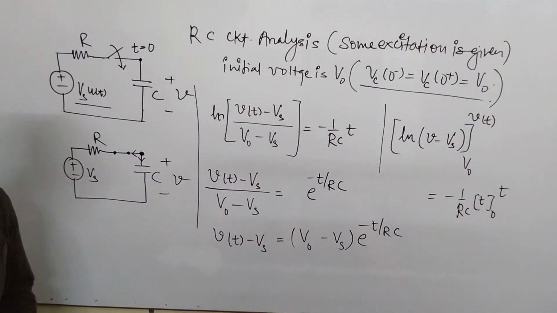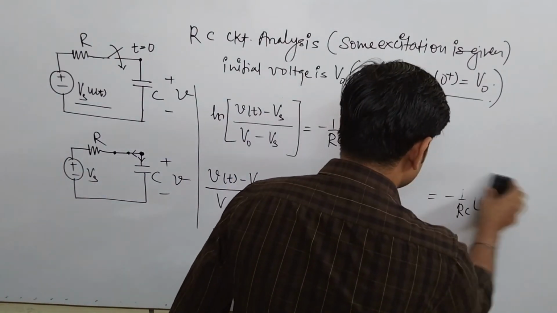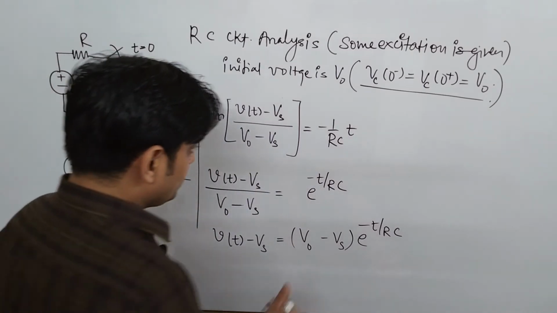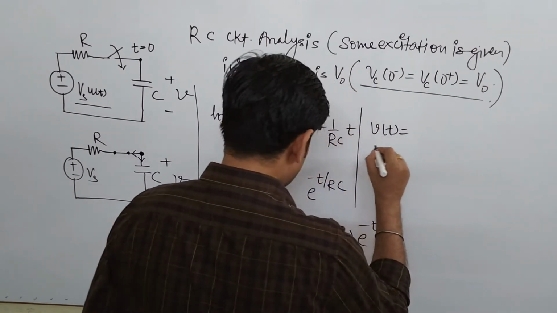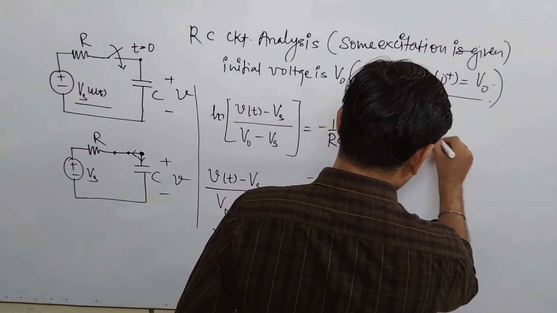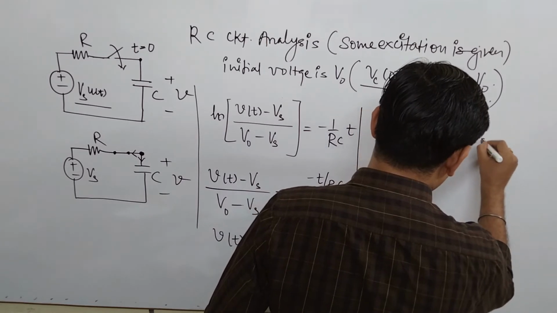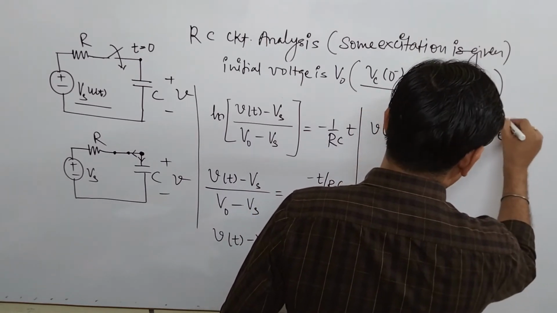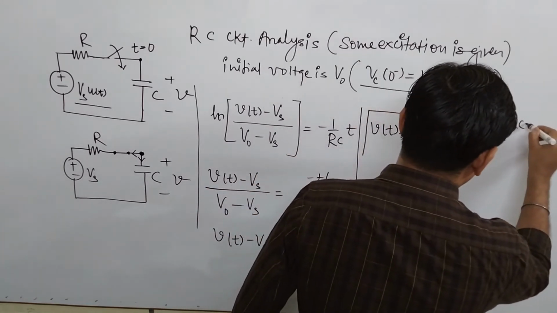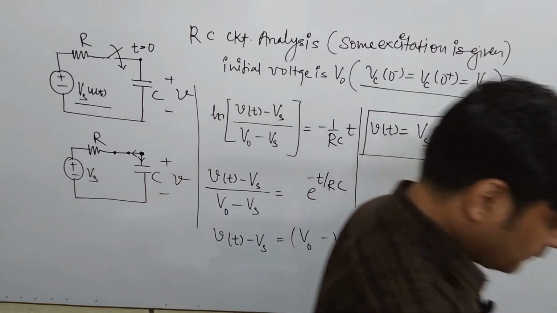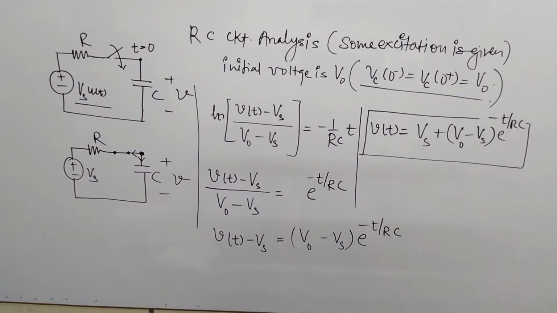And finally from here, the value of Vt comes to be Vs plus (V naught minus Vs) e to the power minus t by Rc. This is the voltage Vt across the capacitor.